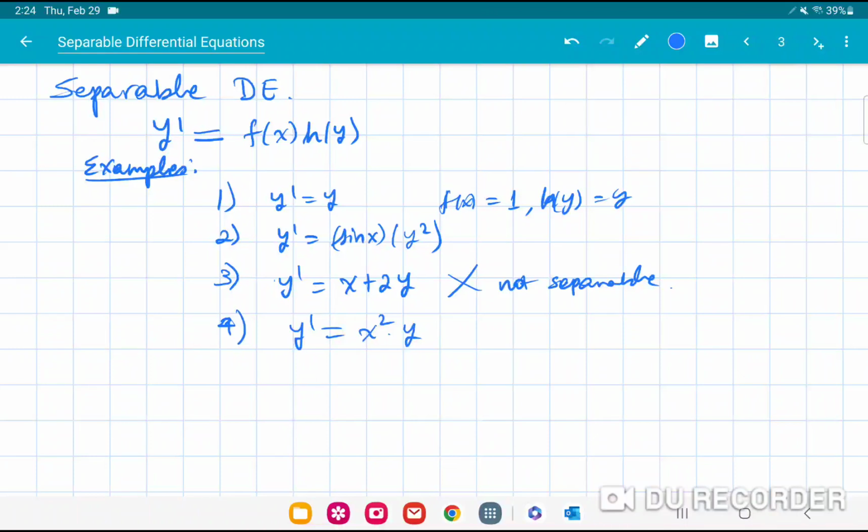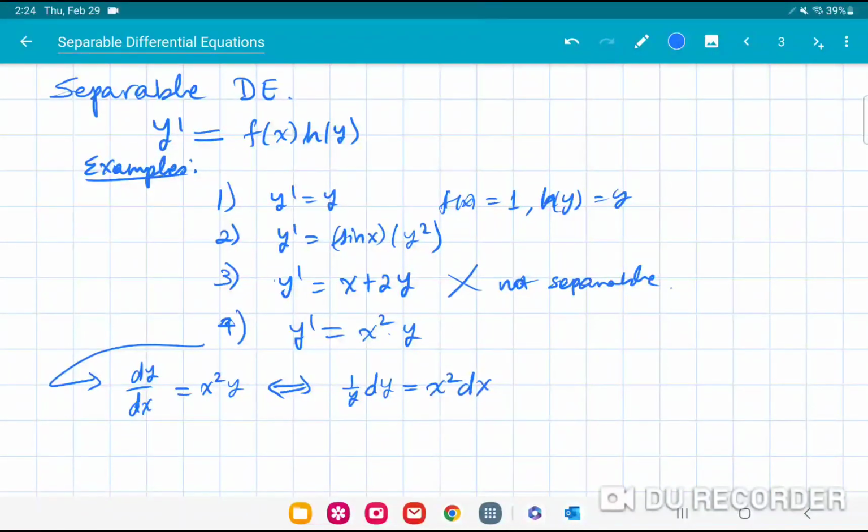So how do we solve these separable differential equations? I'm just going to start with this to explain how we solve and why we call it separable. Okay, so dy by dx is x squared times y. This is the same thing as 1 over y times dy equals x squared dx.